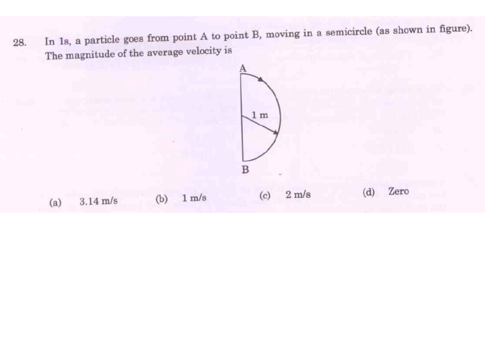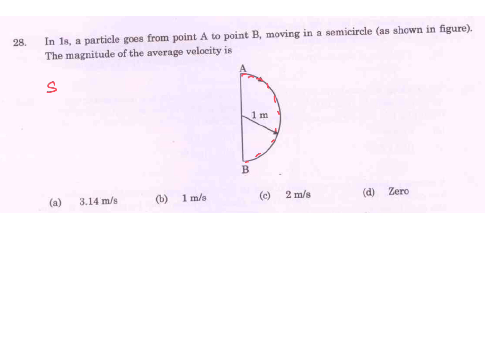In 1 second, a particle goes from point A to point B moving in a semicircle as shown in the figure. The magnitude of the average velocity is how much? The body is going from A to B in 1 second.